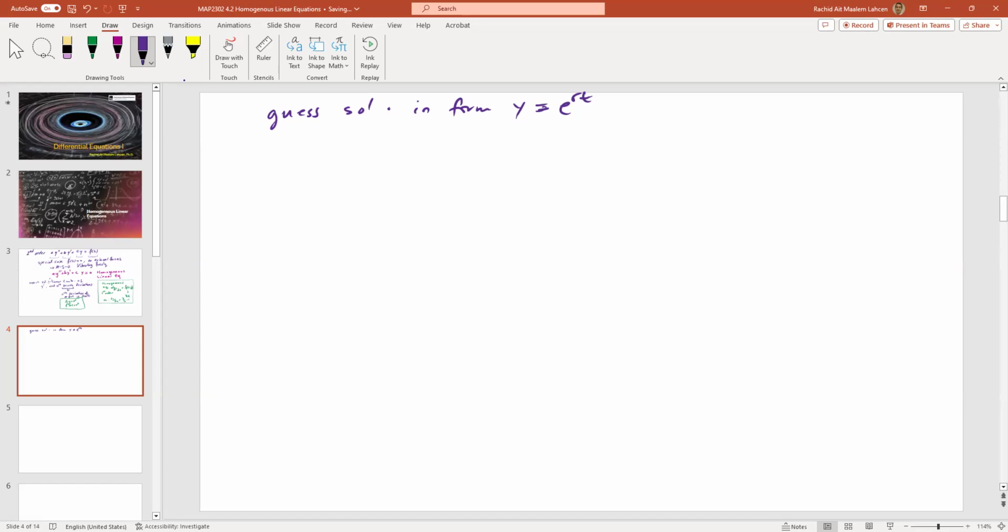And why would we guess this? Because when you take a derivative, it gives you only some multiple times that same function. And that gives us the understanding that this may be a possible solution.